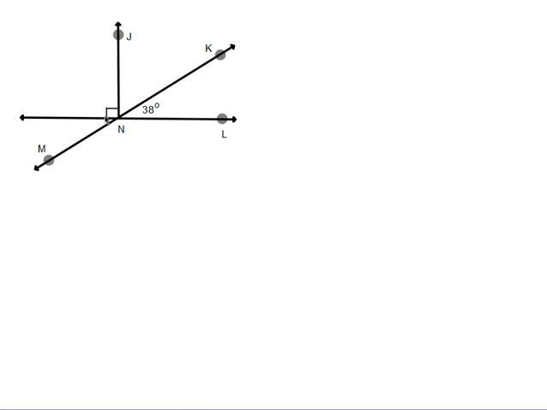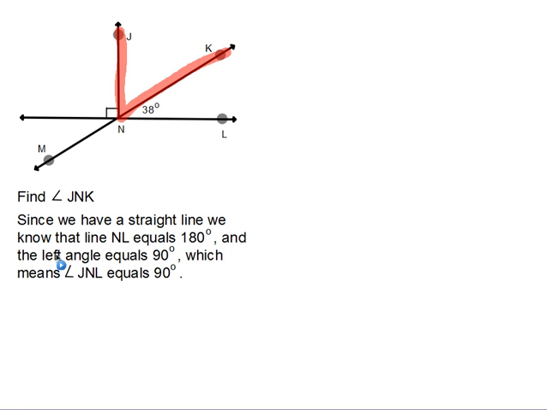Alright, now right here, we want to find J and K. Again, since we have a straight line, we know that NL equals 180 degrees, and the left angle equals 90, which means JNL also equals 90.